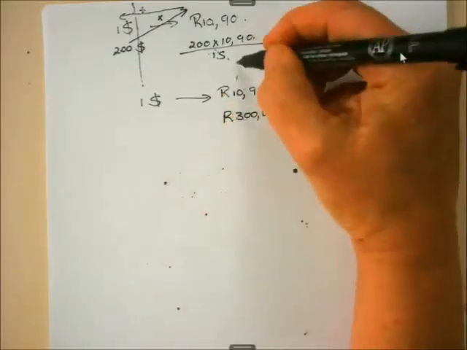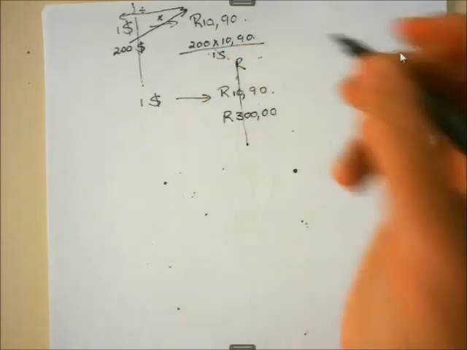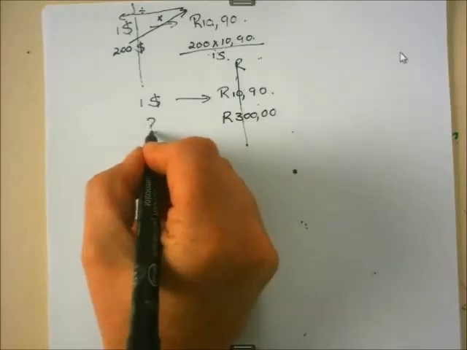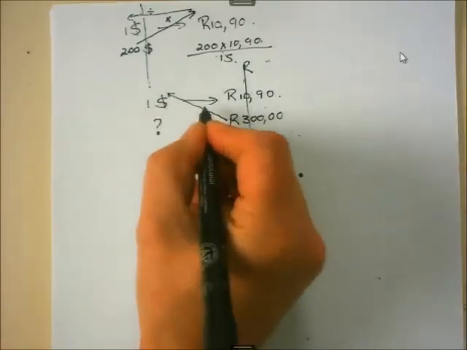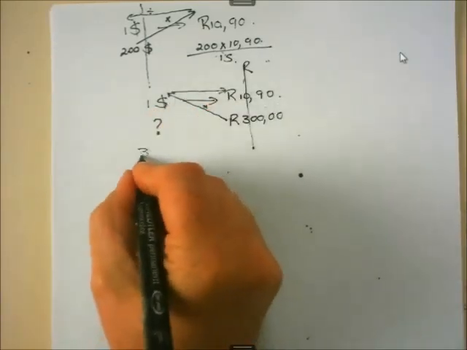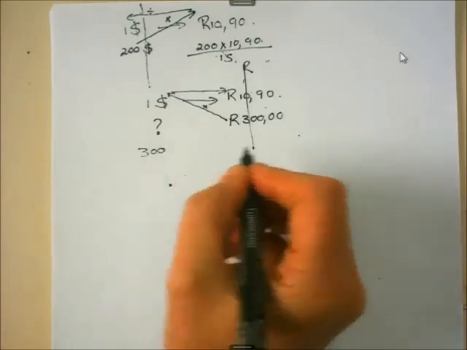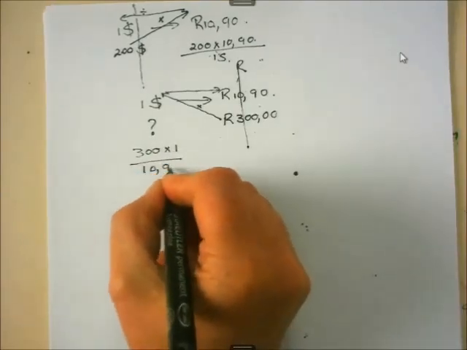I'm keeping my rands on top of each other. Can you see? This is both rands. When I want to work out now the dollar here, I'm going to do over cross multiplication and division. So I'm going to say 300 multiply by 1 divide by 10 rand 90.